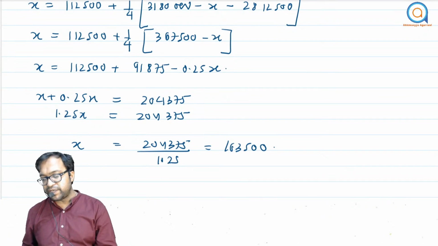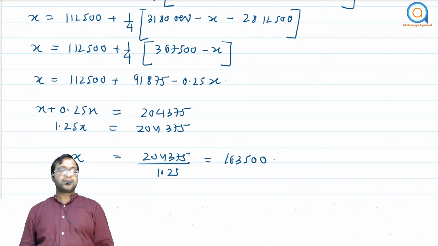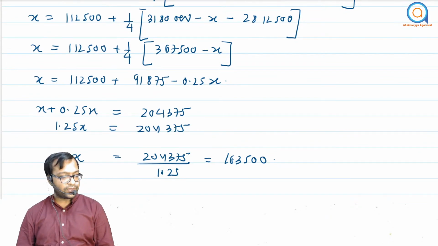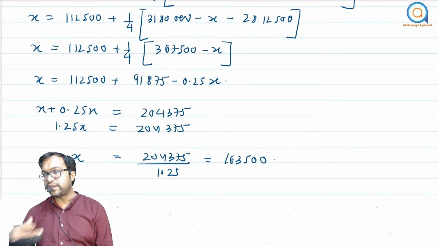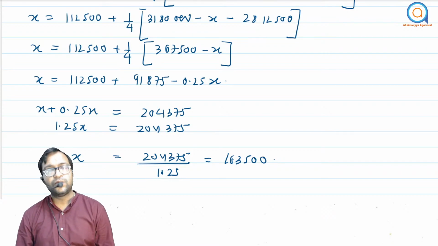Yes sir, we have completed, we have copied. X equals 163,500. Quick. Say, done.